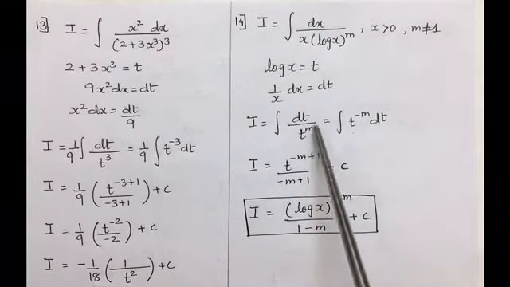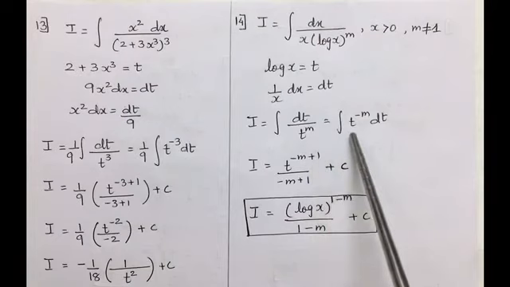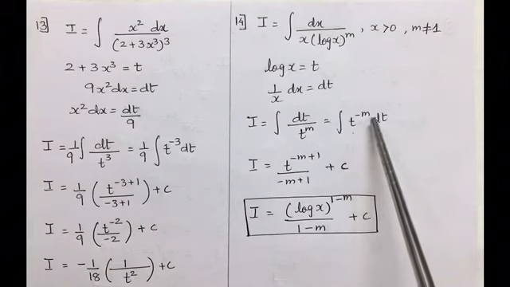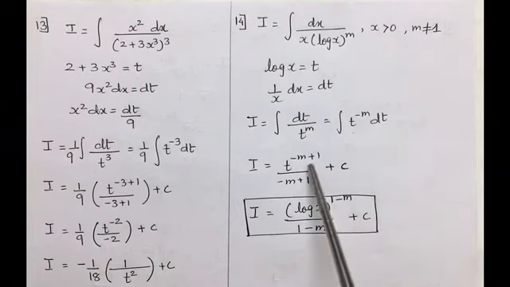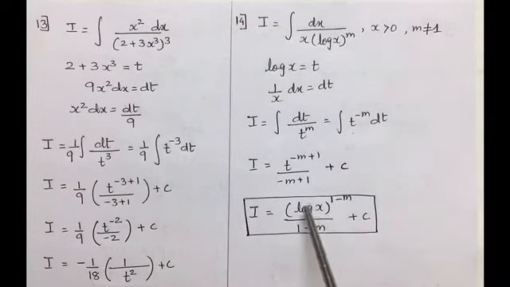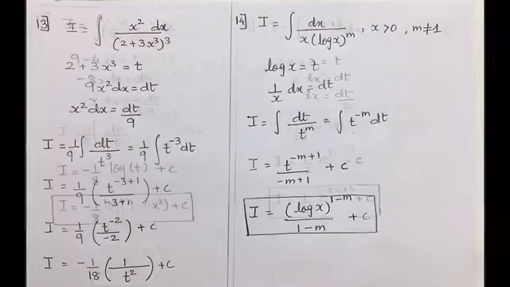So t raised to m it becomes. Now 1 upon t raised to m is expressed as t raised to minus m dt. Now integrating with the power, we take minus m plus 1 upon minus m plus 1 plus c. Then keeping the value of t as log x, we get the final answer as (log x) raised to the power 1 minus m divided by 1 minus m plus c.